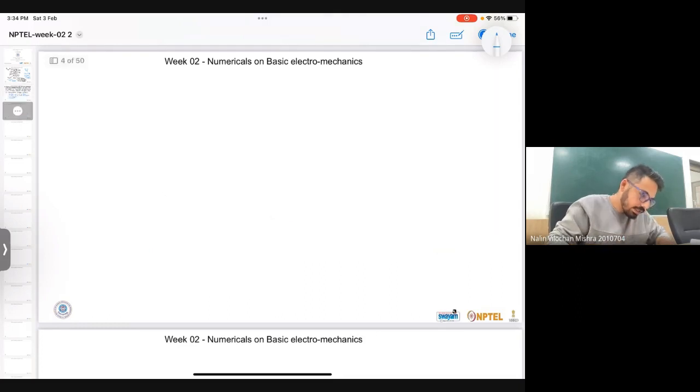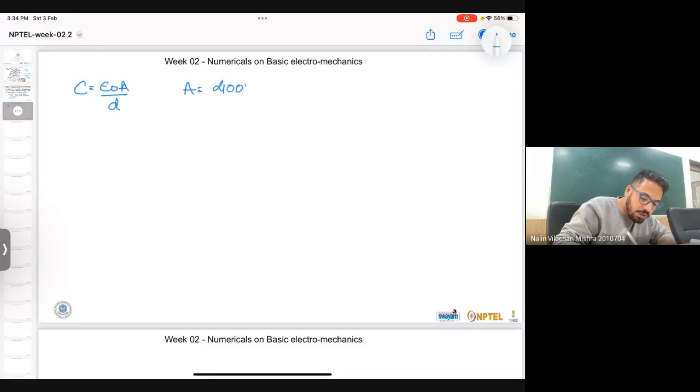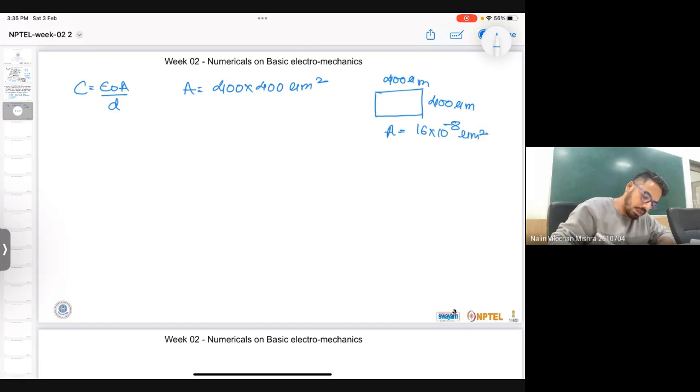As I said, we will use the formula C equals epsilon A by D, and the area is given as 400 cross 400 micrometer square. So the length and width of the square plate is given as 400 micrometer and 400 micrometer. So area will be 16 into 10 to the power minus 8 square meter.